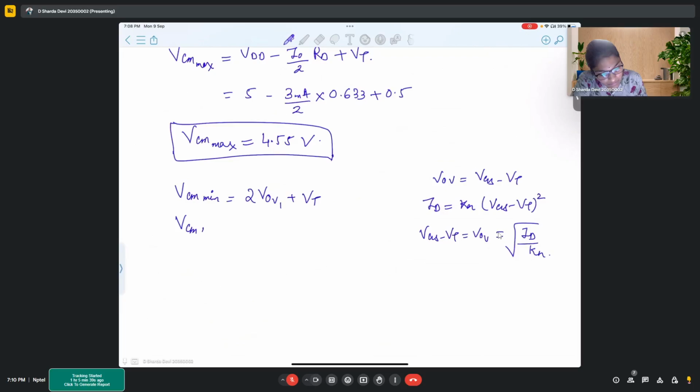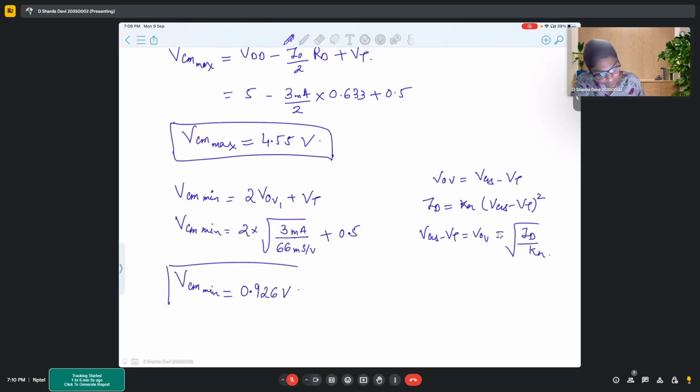So VCM min is twice of root under 3 by 66 plus VT, which is 0.5. So from here, the VCM min that we obtain is 0.926 volts.